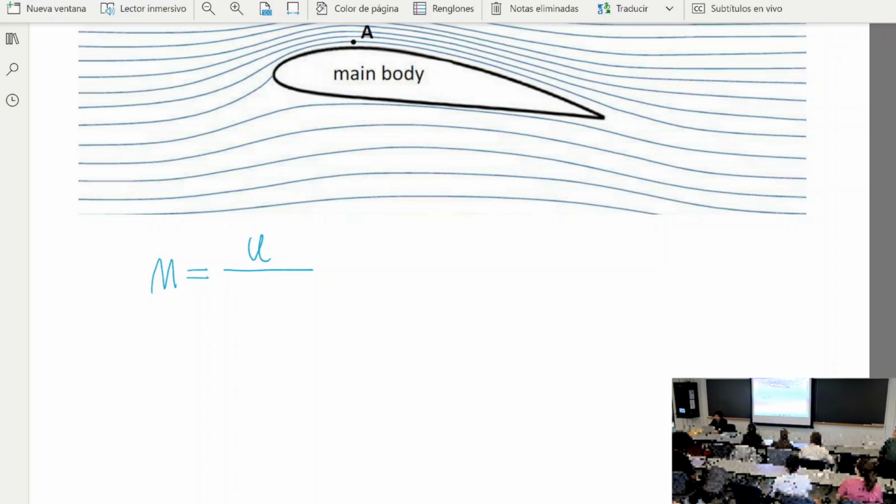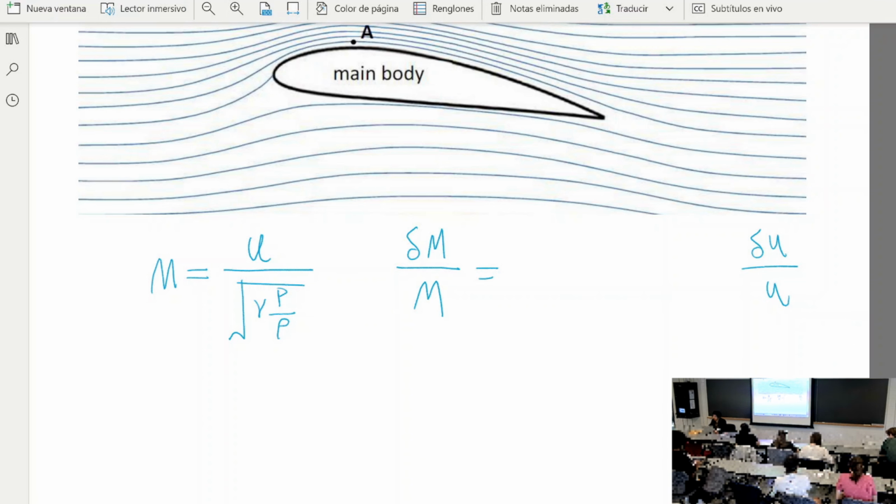It's basically velocity divided by the square root of gamma times p over rho, which we call the speed of sound. But we didn't derive this by deriving sound, we just derived this by itself. So if I have a small change in the velocity, how does the relative change in Mach number relate to the relative change in velocity? If I have this big parenthesis, how do you figure that out?